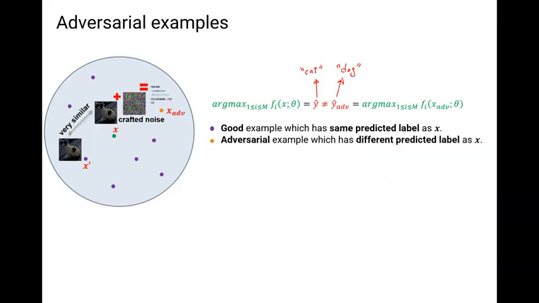So what do these complex notations mean? If you remember, this is just the model weight. That means after training you have some weights for this model, and this is the input image, which is the original cat image, and this is the prediction score.